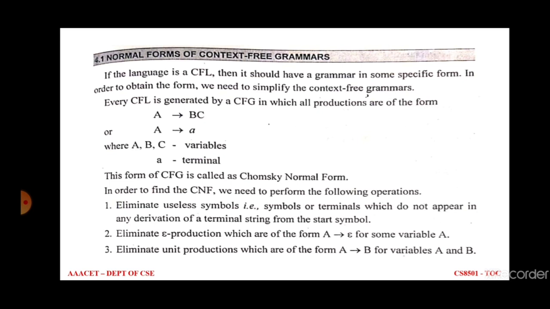If the production is in any one of these forms, then the grammar is in the form of CNF, that is Chomsky normal form. Before that we have to simplify the given grammar by using three techniques: eliminate useless symbols, eliminate epsilon production, and eliminate unit production.